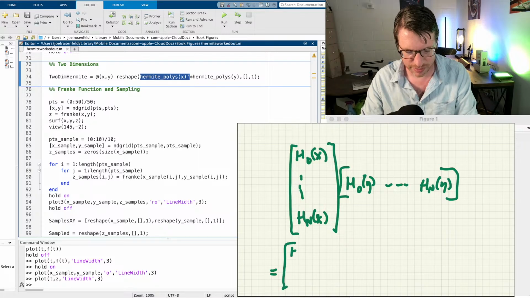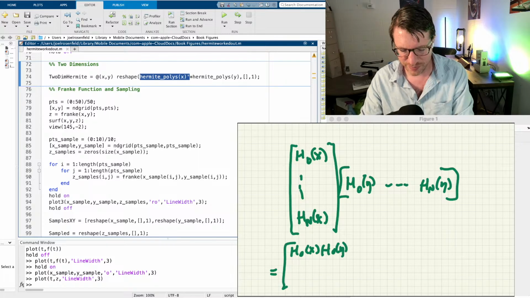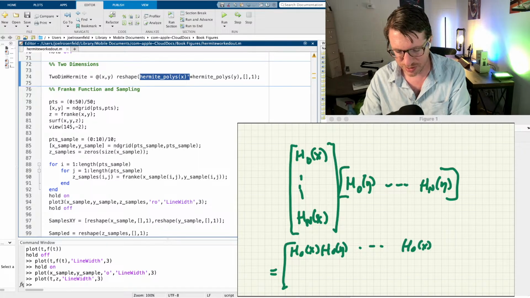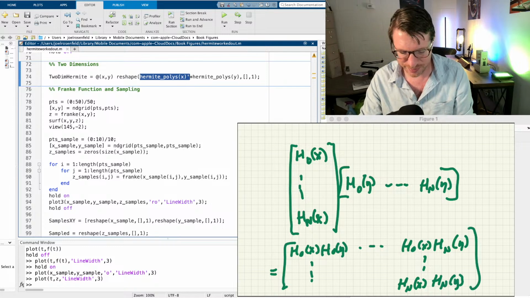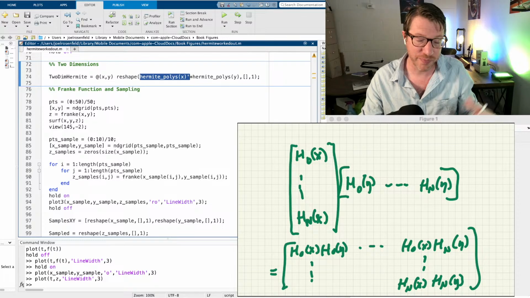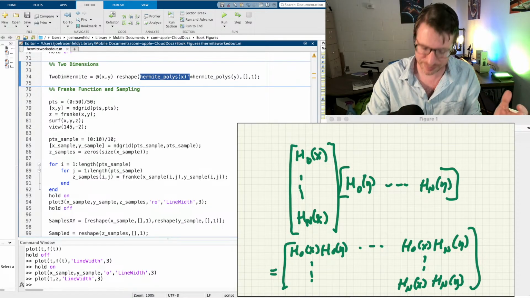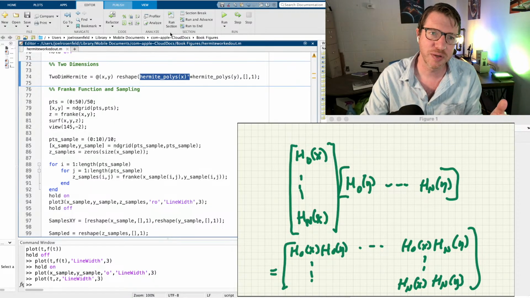So you end up with h naught of x times h naught of y, all the way down to h naught of x times hn of y, and then keep going. This gives you hn of x times hn of y, and that's pretty cool. So now you have a basis in 2 dimensions, which is really handy.